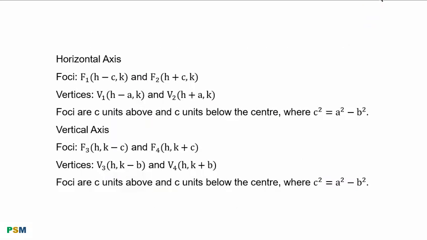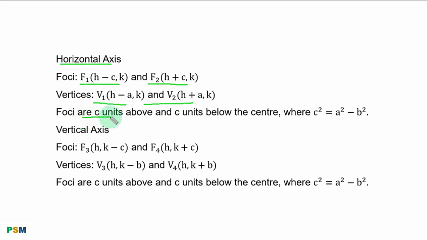In the new form stated, we have different foci and vertices as well. Considering the horizontal axis, foci F1 is equal to (h minus c, k), and F2 is (h plus c, k). You have the vertices V1 and V2 for the horizontal axis.